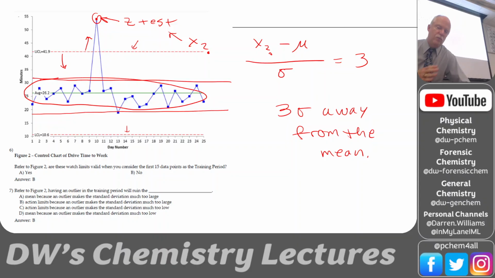When you're 1.96 sigmas away from the mean, so almost 2 sigmas away from the mean, you have a 97.5% chance of being below that point, right? If you go beyond 1.96 sigmas, now you have less than a 2.5% chance of being just barely past that line.